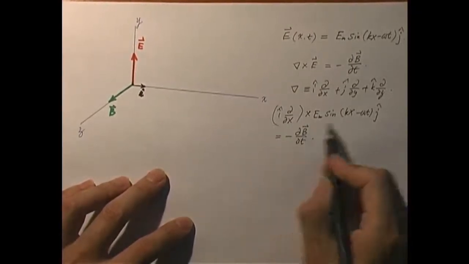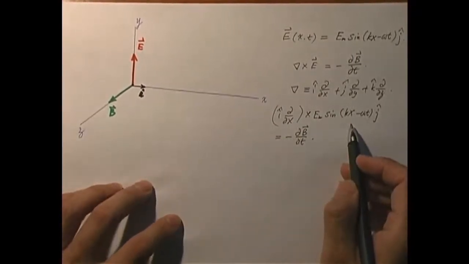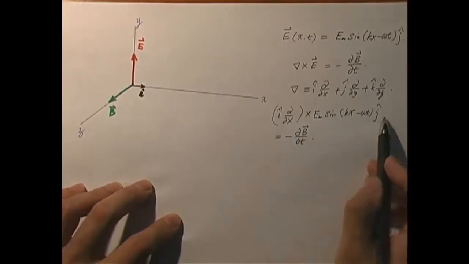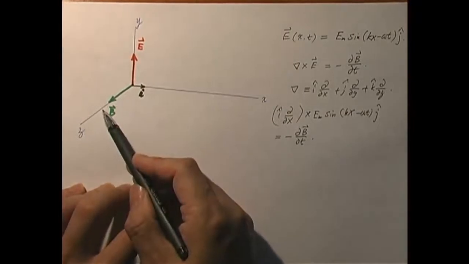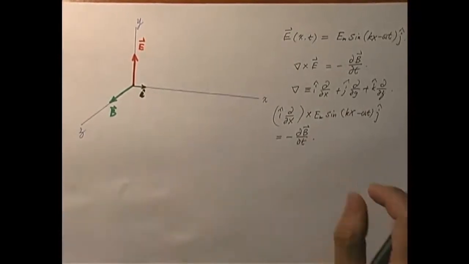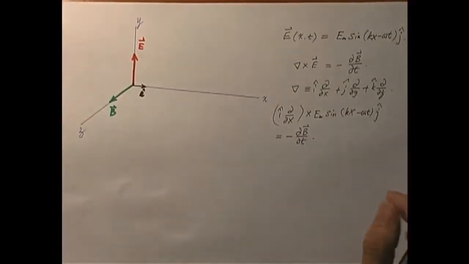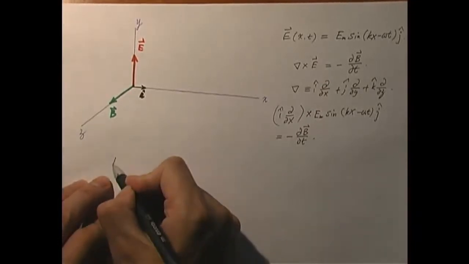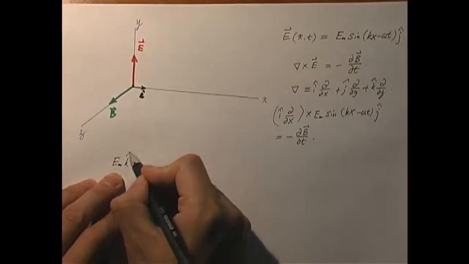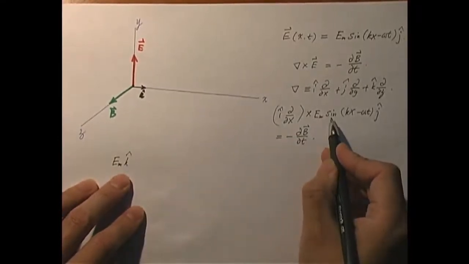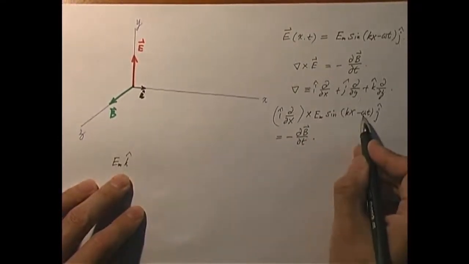Now let's work on the left hand side a little bit more. First of all, the direction is i cross j, so the direction is k. So B is in the direction of the unit vector k, and that of course is expected. So what's left is E maximum, unit vector k along the z direction, and then partial x of sine kx minus omega t.